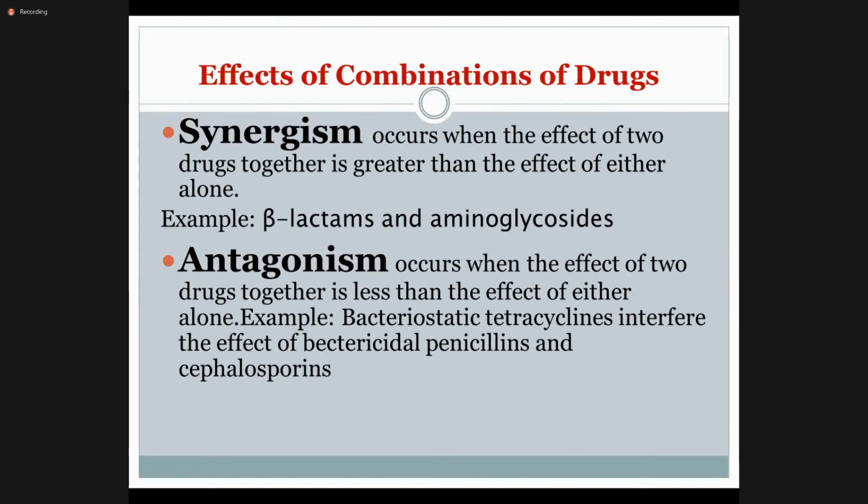So beta lactam antibiotics inhibit cell wall synthesis, providing a space, removing the barrier of the cell wall. The aminoglycoside will then rapidly enter the cytoplasm and inhibit protein synthesis. So this is labeled as synergistic activity.